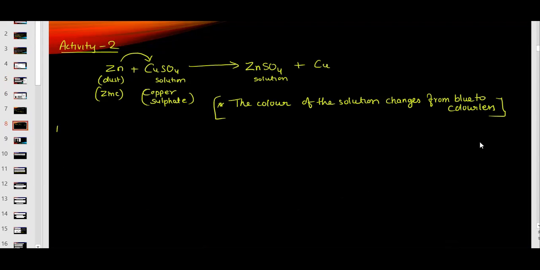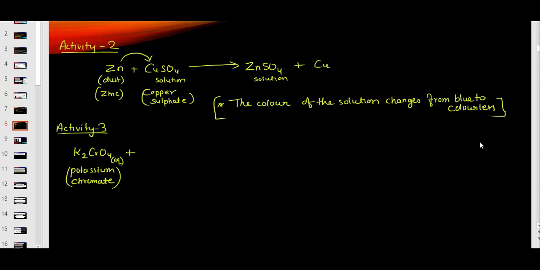Activity 3. So here potassium chromate, that is K2CrO4, is added to barium sulfate. It is in solution form, so I will write it as aqueous.